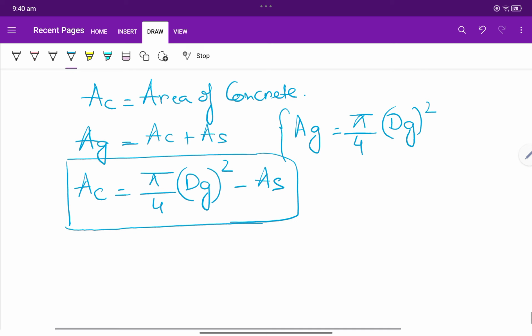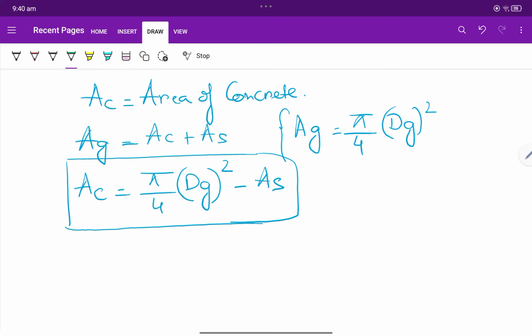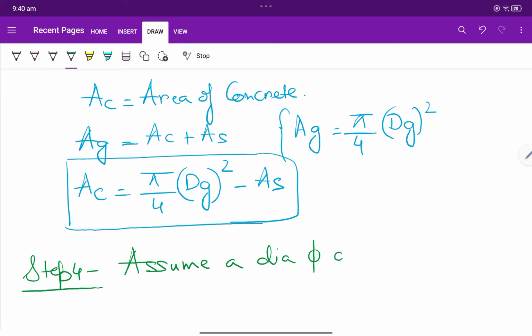Now the next step will be the calculation of the number of bars. Step 4: you have to assume a dia of bar for the longitudinal reinforcement.